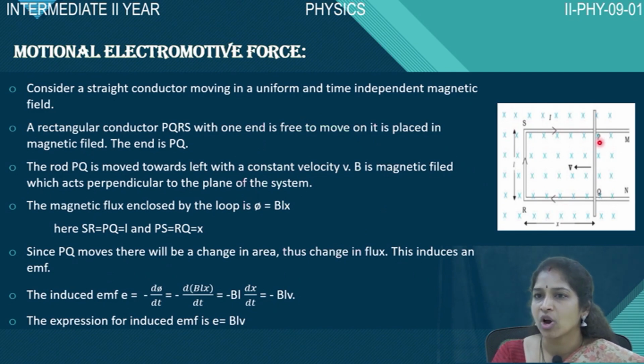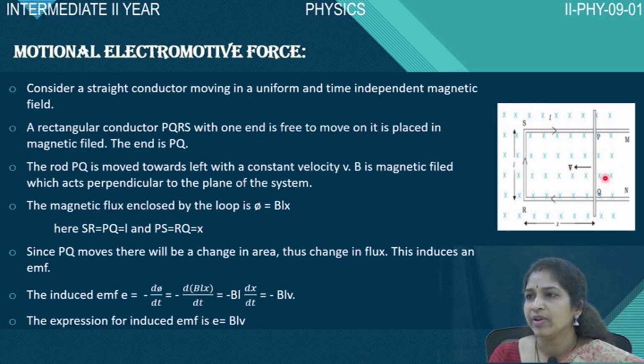Okay. So this rod PQ is moved towards left with a constant velocity V. See, when this rod is moving towards left with a constant velocity, for the next instant of time, this conductor will not be here. One side of this rectangular conductor will not be here.